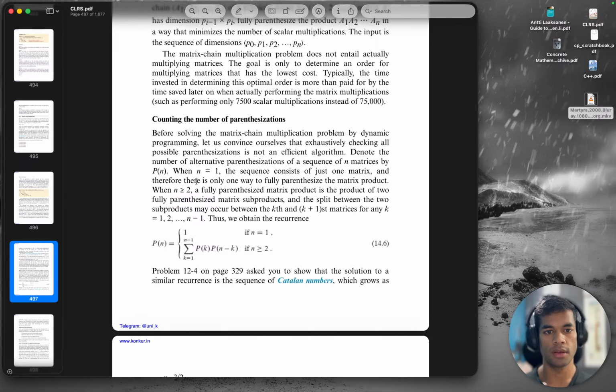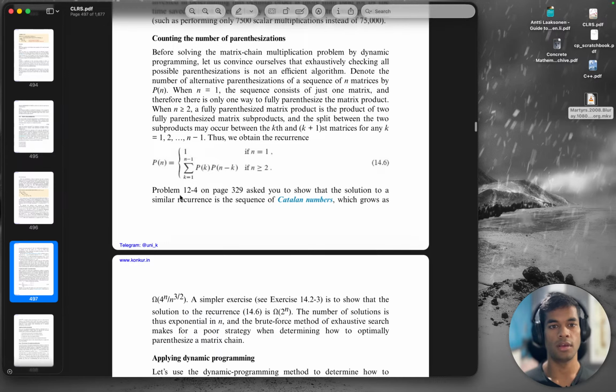When n is greater than or equal to 2, a fully parenthesized matrix product is the product of two fully parenthesized matrix subproducts, and the split between the two products may occur between the kth and (k+1)st matrix for any k. Makes sense.